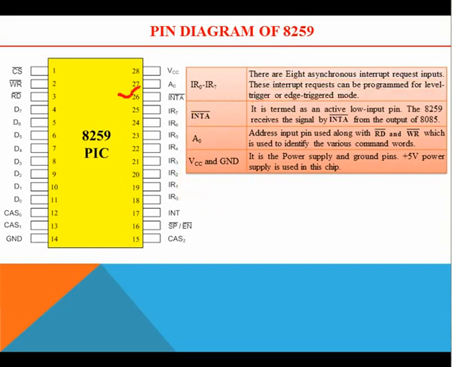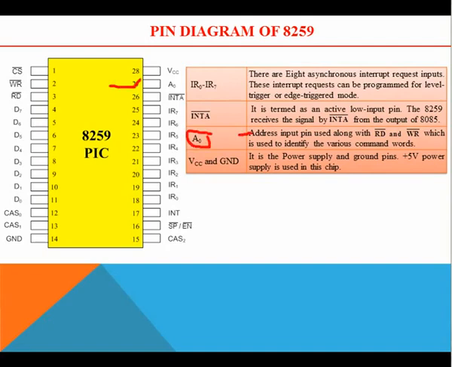Pin 26 is the interrupt acknowledge pin, which is termed INTA bar. It is an active low input pin. The 8259 receives the INTA bar signal from the output of 8085. Pin 27 is the A0 pin.